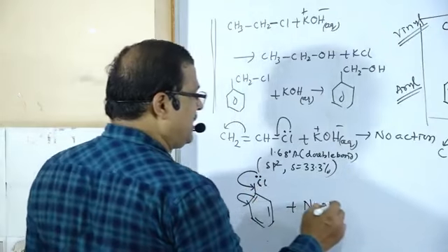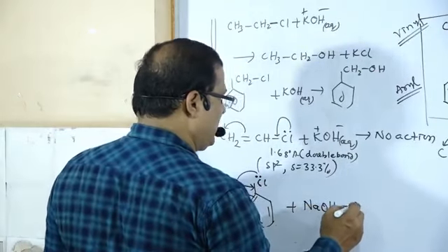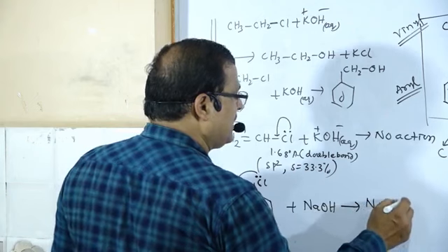Therefore the chlorine atom cannot be easily replaced by the OH group, so there is no action.